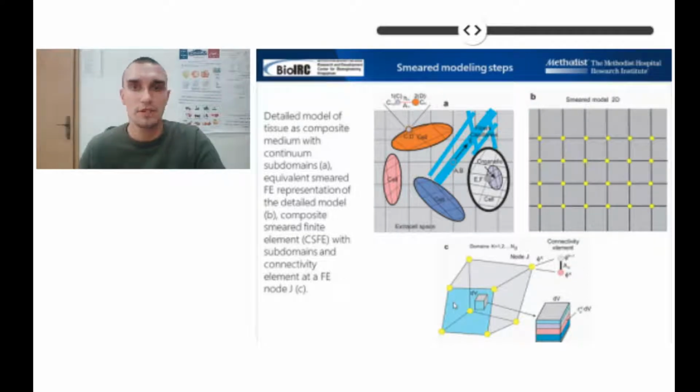We also introduce this connectivity element at each node of this composite SMIR finite element. Specifically on this figure C, node J is presented as one connectivity node to couple between different physical fields.